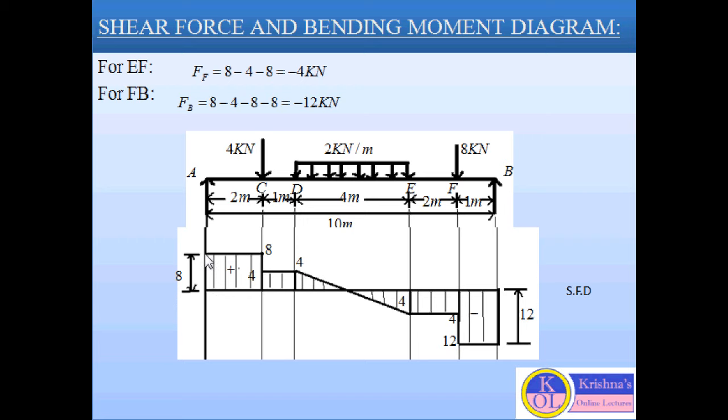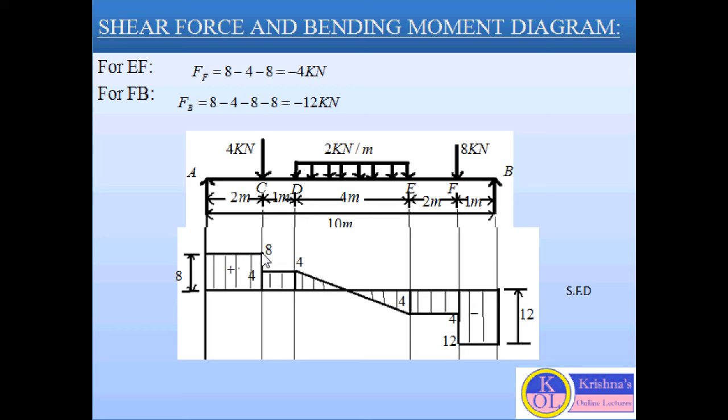So we will mark here vertically upward, 8 kilonewton. Now between A and C there is no other force, so we will represent the shear force between A and C by a straight horizontal line, which will continue up to point C.